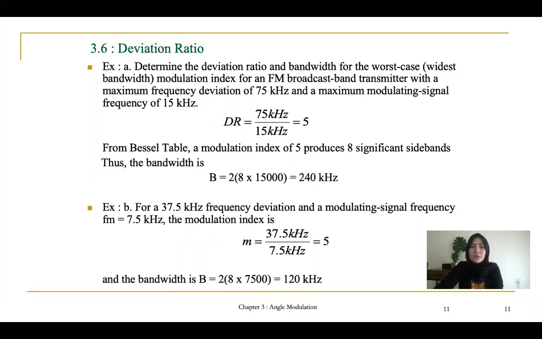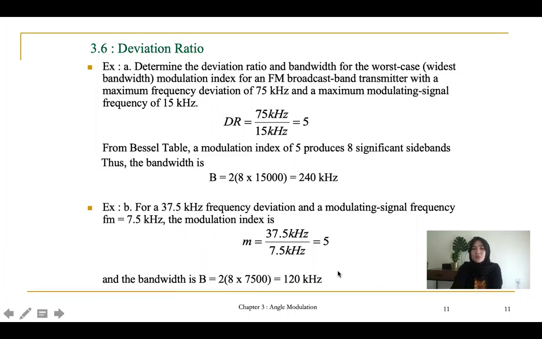Look at example A and example B. Even though they have the same value for the modulation index, the bandwidth is different, because example A is for the worst case scenario, the widest bandwidth, which equals 240 kilohertz.